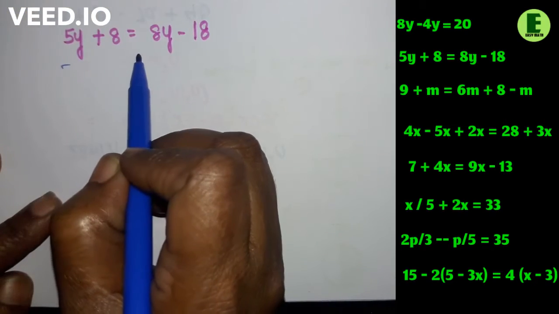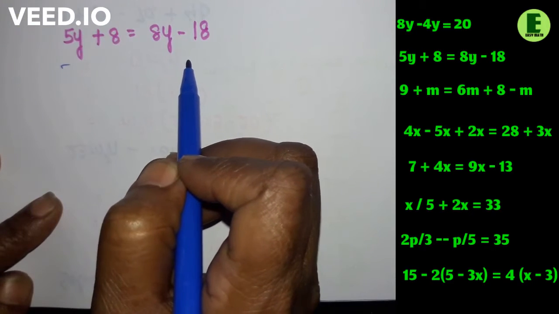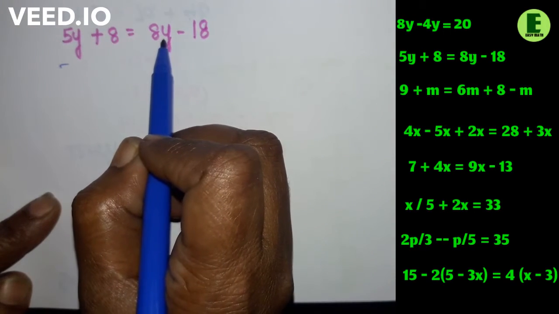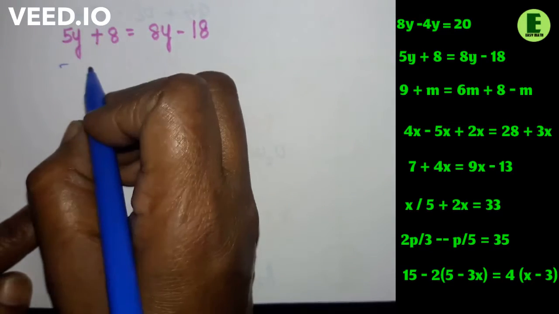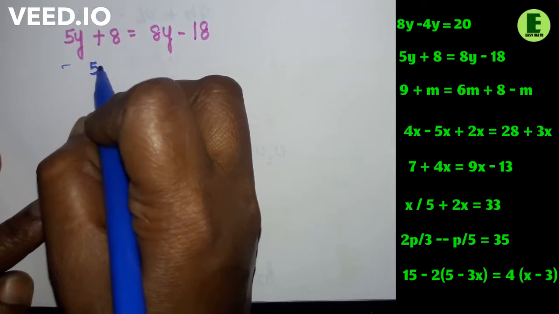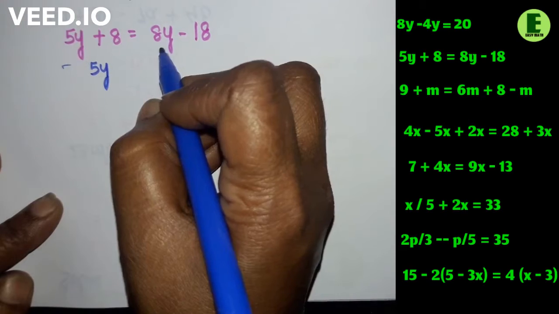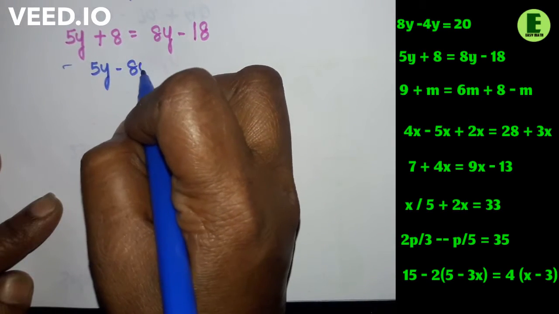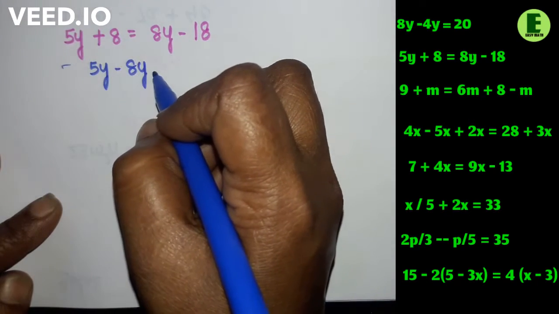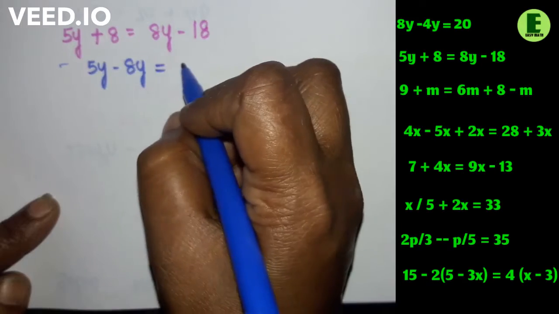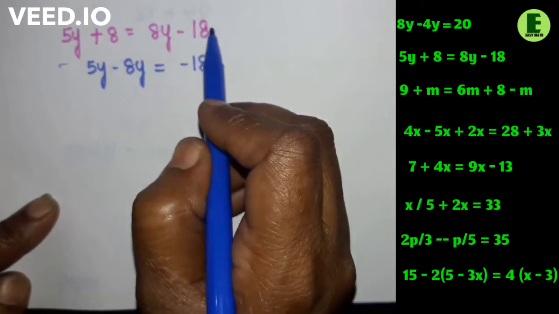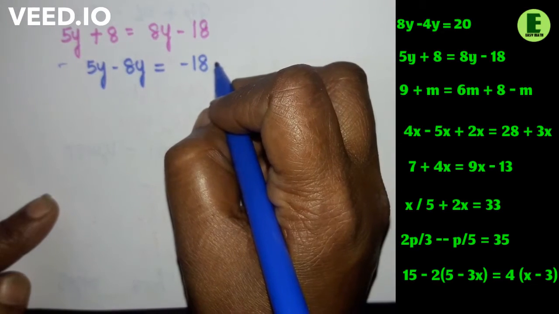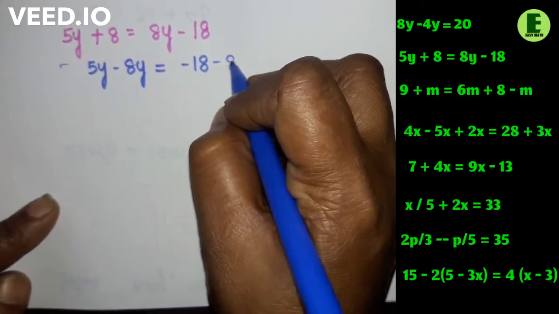5y plus 8 is equal to 8y minus 18. We have y terms on the right hand side. So let us transpose the y term towards the left hand side. On transposing, we have plus 8y as minus 8y. So 5y minus 8y is equal to minus 18. Now we will transpose this constant plus 8 to the right hand side, so it becomes minus 8.